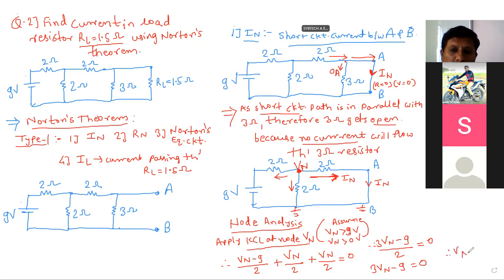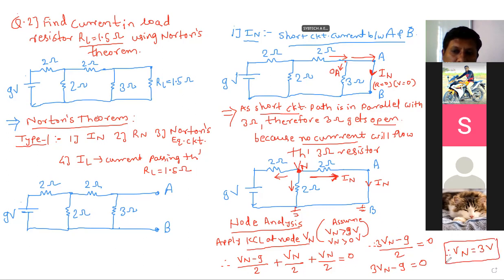So Vn becomes what? 3 volt. Vn becomes 3 volt. But we want to find out IN. Vn is 3 volt, but IN we have to find out.